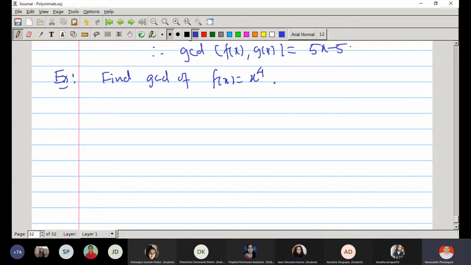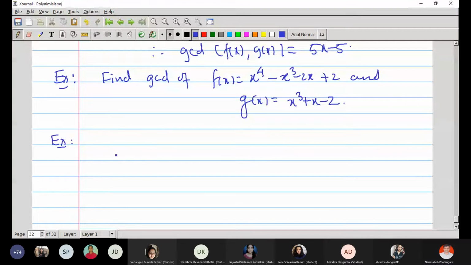Now you do this as an exercise because it is not difficult to find GCD. Find GCD of f(x) is equal to x cube plus x square plus x plus 1 and g(x) is equal to x square minus 1.